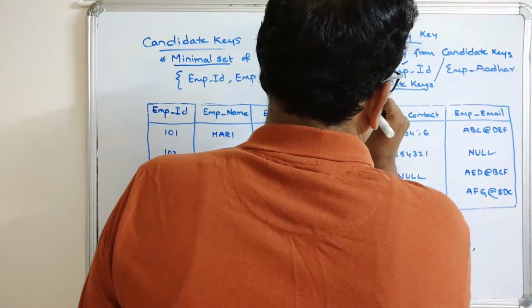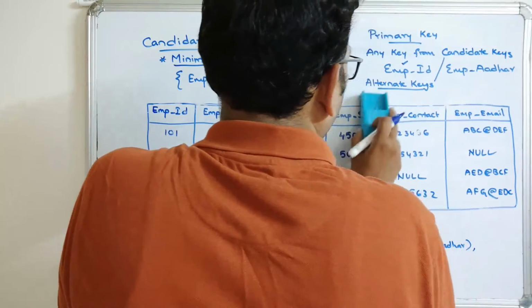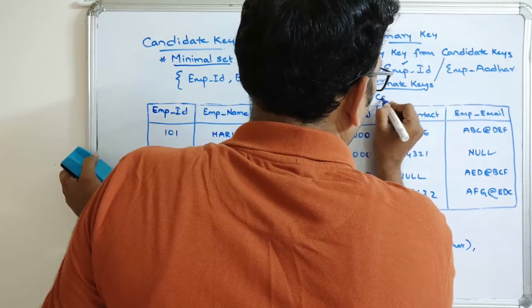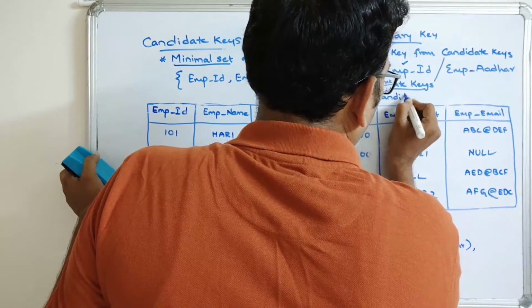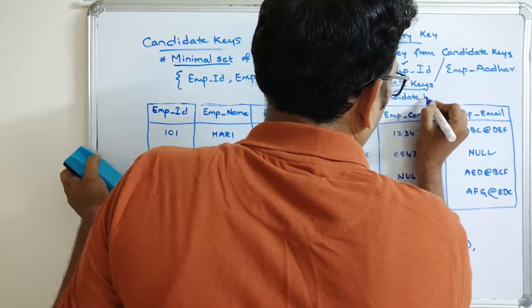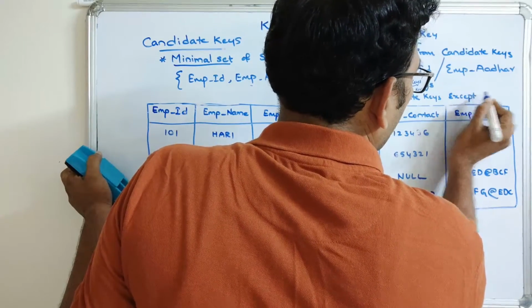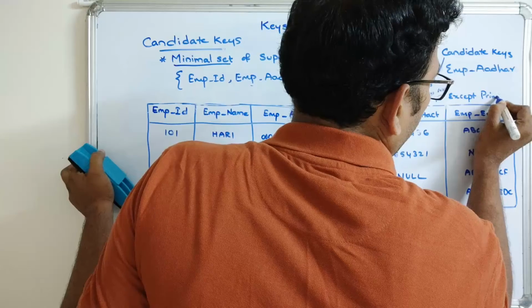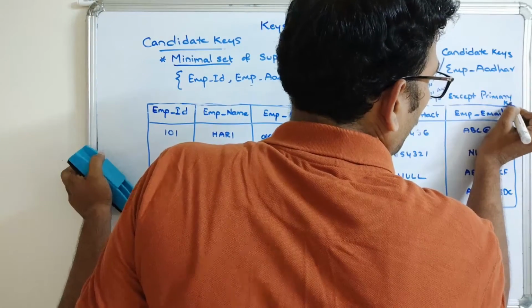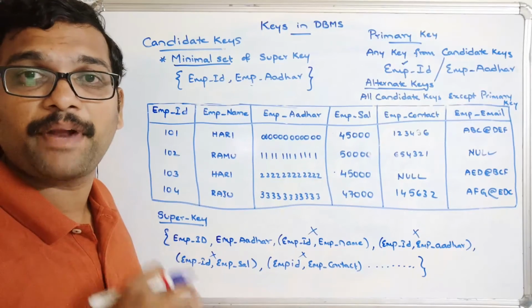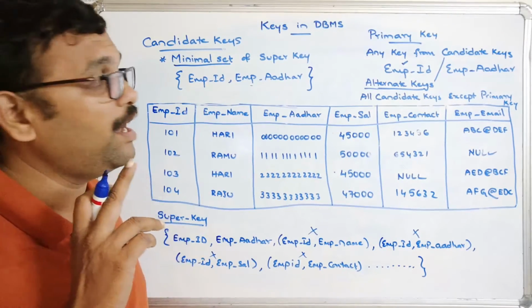So all candidate keys except primary key will be considered as alternate keys.